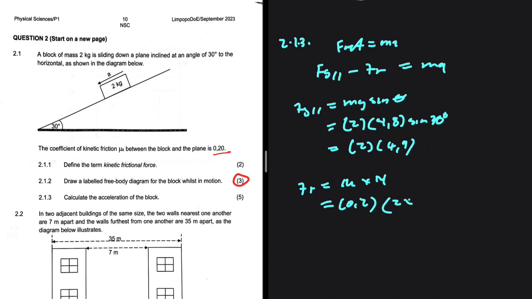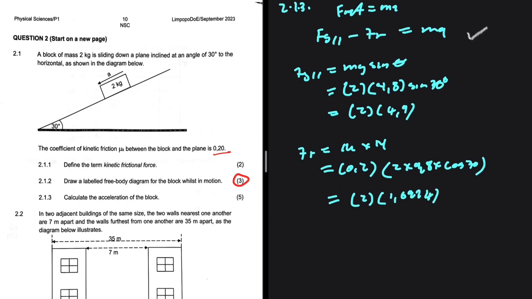So we have 2 multiplied by 9.8 multiplied by cos of 30 degrees. So our frictional force is equal to 2 multiplied by 1.6974.